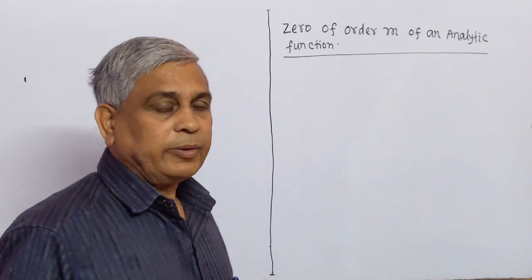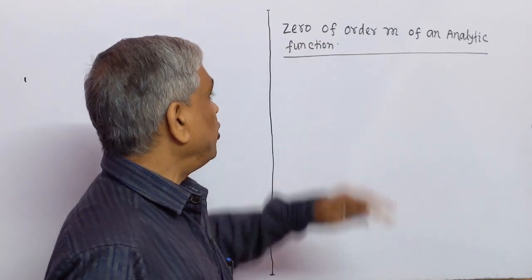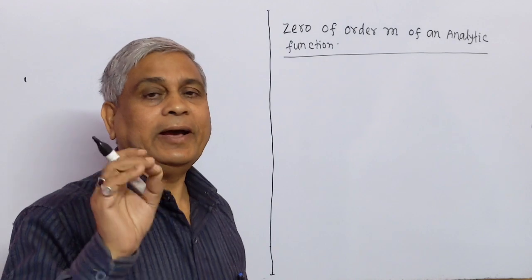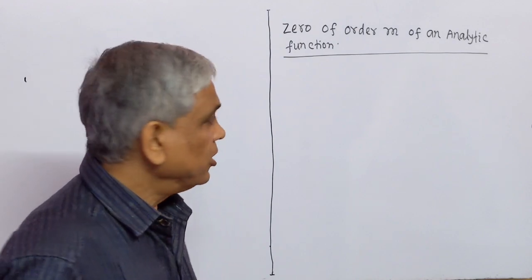Now we describe the zero of order m of an analytic function.